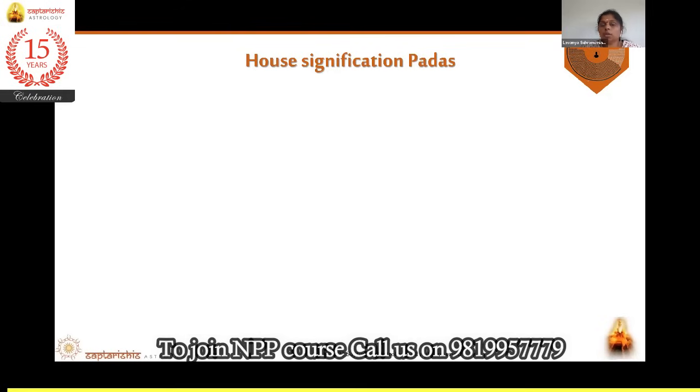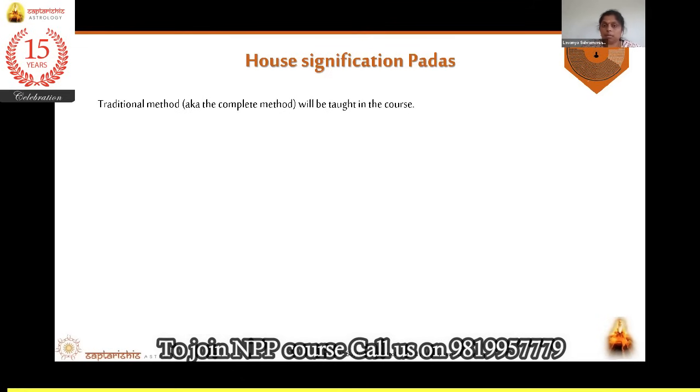So now we are going to talk about one such pada. There are 2 or 3 different padas, but in this presentation we'll only take the main pada that influences the house with higher capacity.